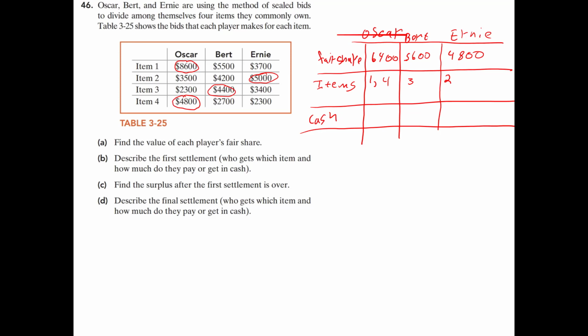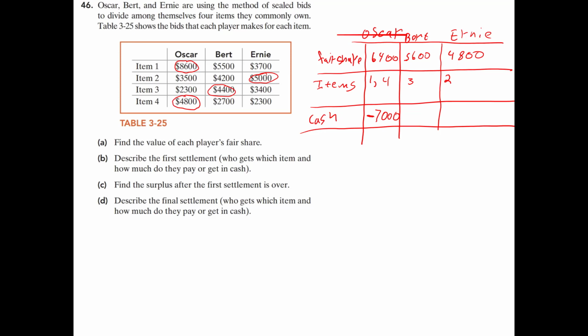But he's only entitled to 6,400. So we subtract the 6,400 that he's entitled to, and that gives us $7,000 that he has to pay. And since he has to pay it, we make it a negative, and so we get negative 7,000.